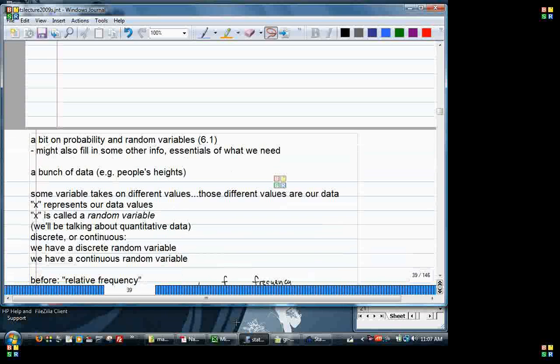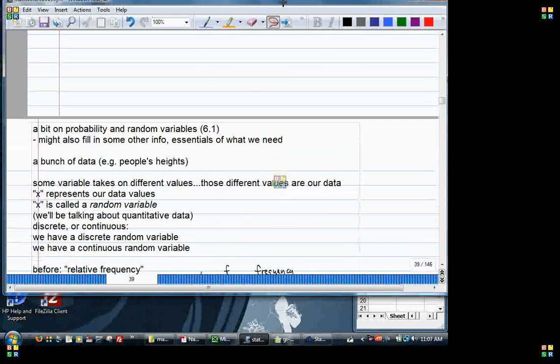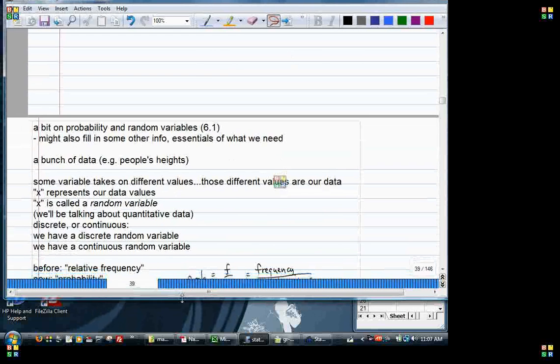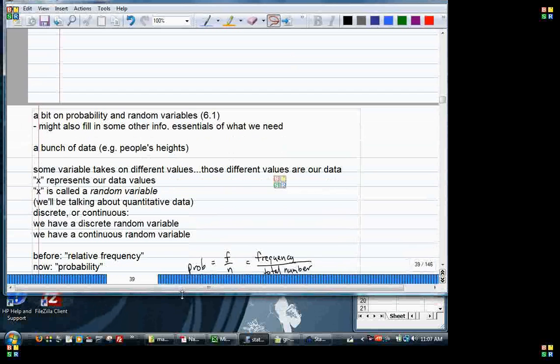From here on out, we're nearly going to banish those terms, and what we used to call relative frequency is now called probability. So in the discrete case where you are able to count things, we can think of probability in exactly the same way. It's the frequency divided by the total number, and the notation for that is f divided by n.